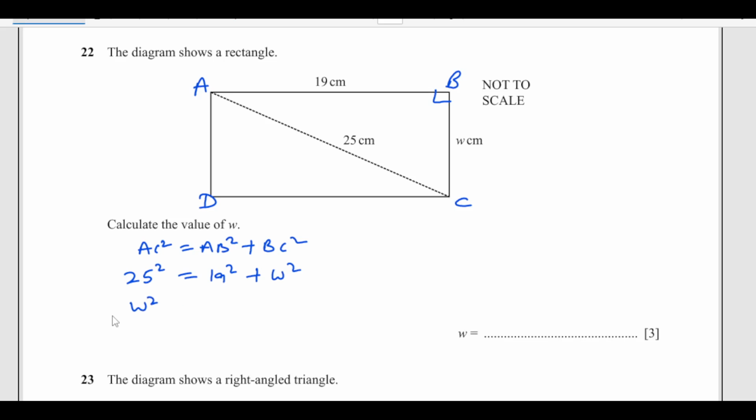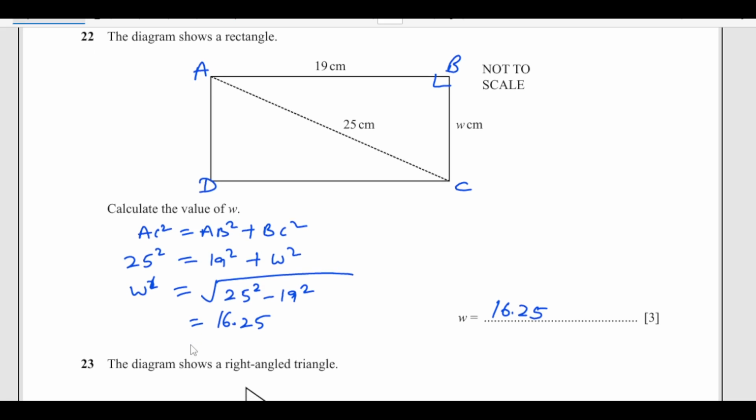So w is the square root of 25 squared minus 19 squared. As this is a calculator paper, you can easily use the calculator here. 16.25. So 16.25 is the answer, right? Centimeter is not required to write because it's already written. He's just asking us the value of w, right?